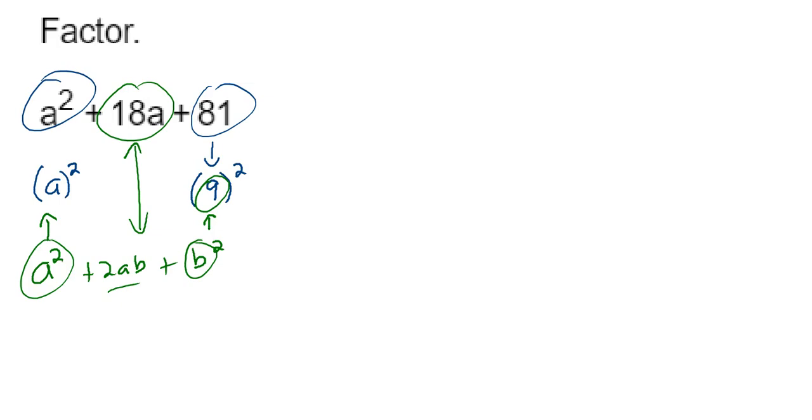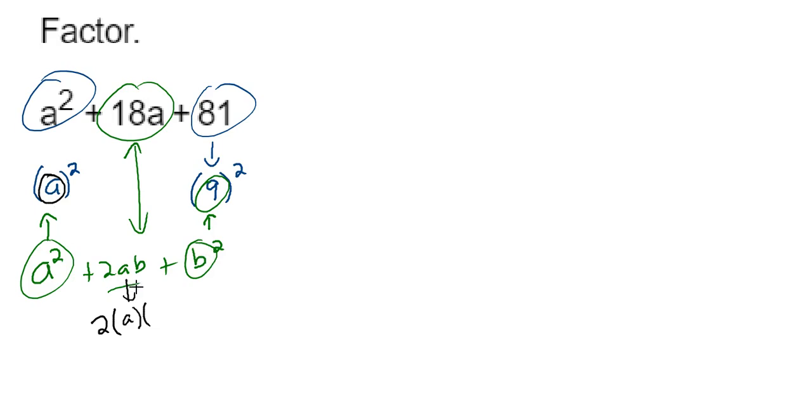The way we're going to check is to take 2 times whatever is playing the role of a in our problem, which happens to be a again, right? Instead of a squared, we have a squared. So a is playing the role of a, times whatever's playing the role of b in our problem. In this case, instead of b, we have 9. So 9 is playing the role of b, a is playing the role of a.